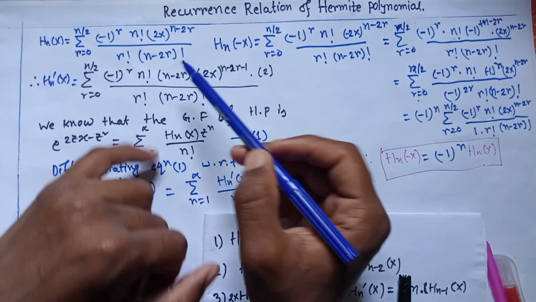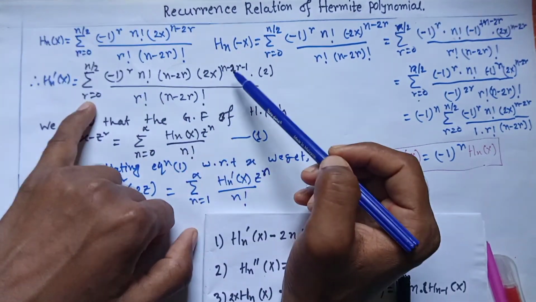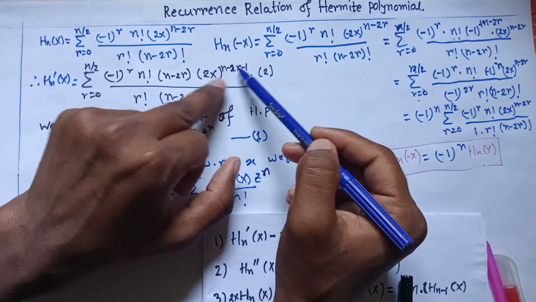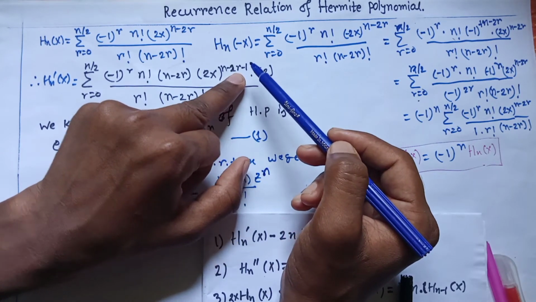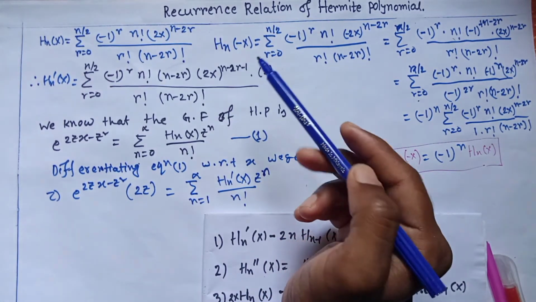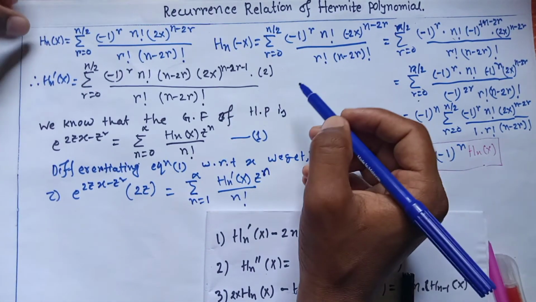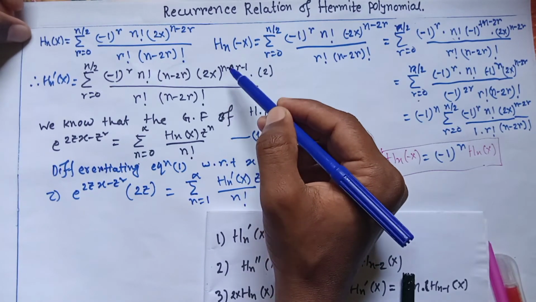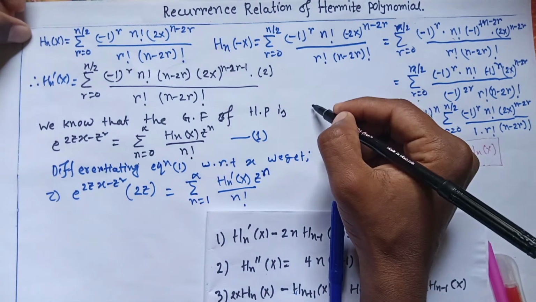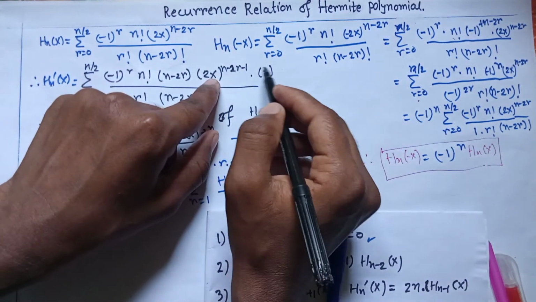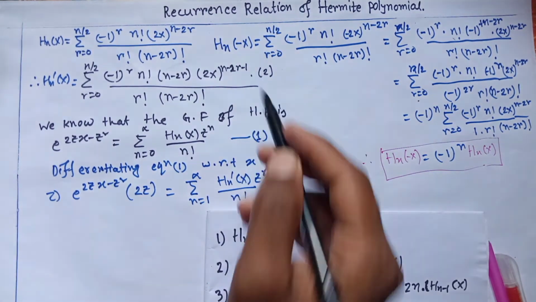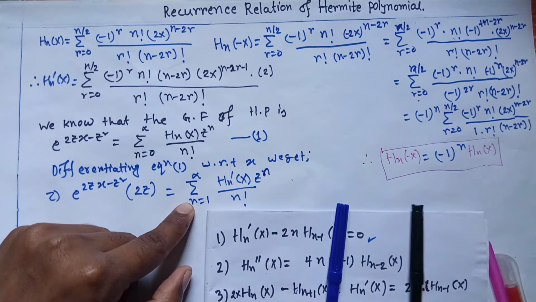Here we see that if we put r equal to 0 and n equals 0, then we get 2x power minus 1. We define polynomial as the non-negative power of x, so this can never happen, that is 2x power minus 1 cannot be taken. Okay, so we take n equals 1 to infinity.